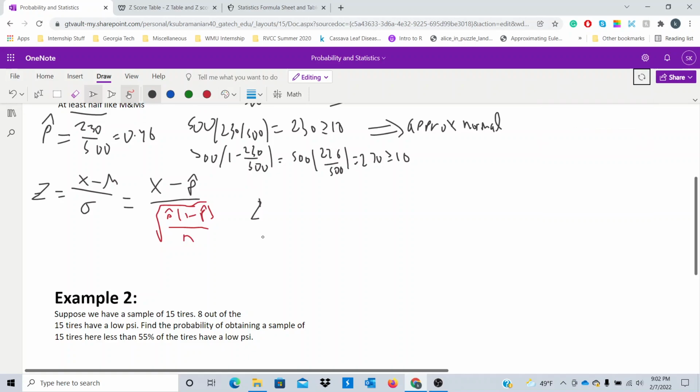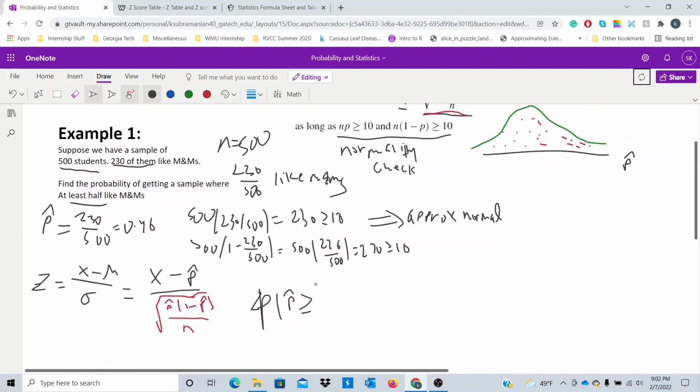So in our case, for the z-score, we want to find the chance of getting a proportion p hat that is at least half. So we want this probability. Well, this is simply equal to the probability of getting a z-score at least 0.5 minus 0.46.